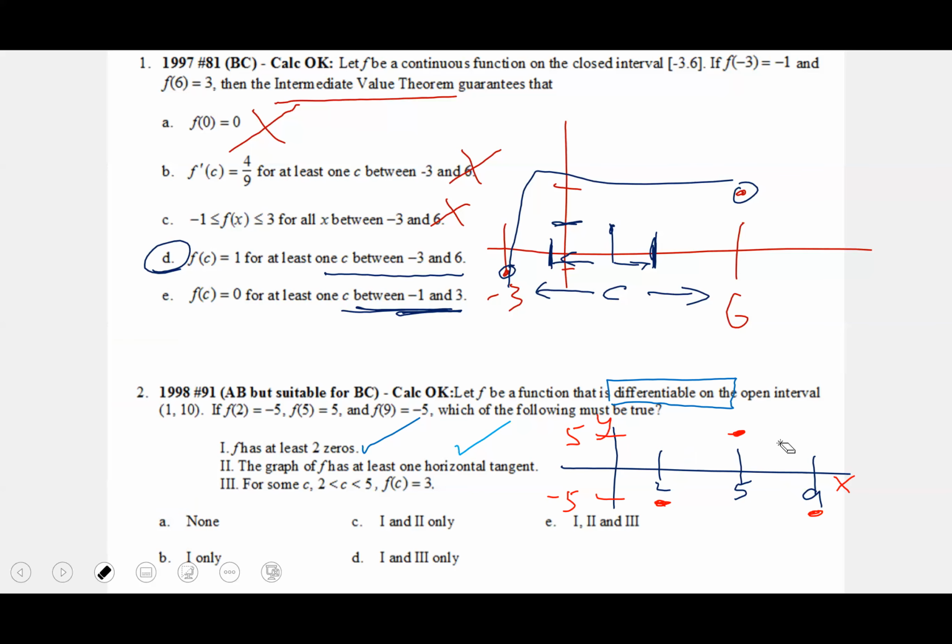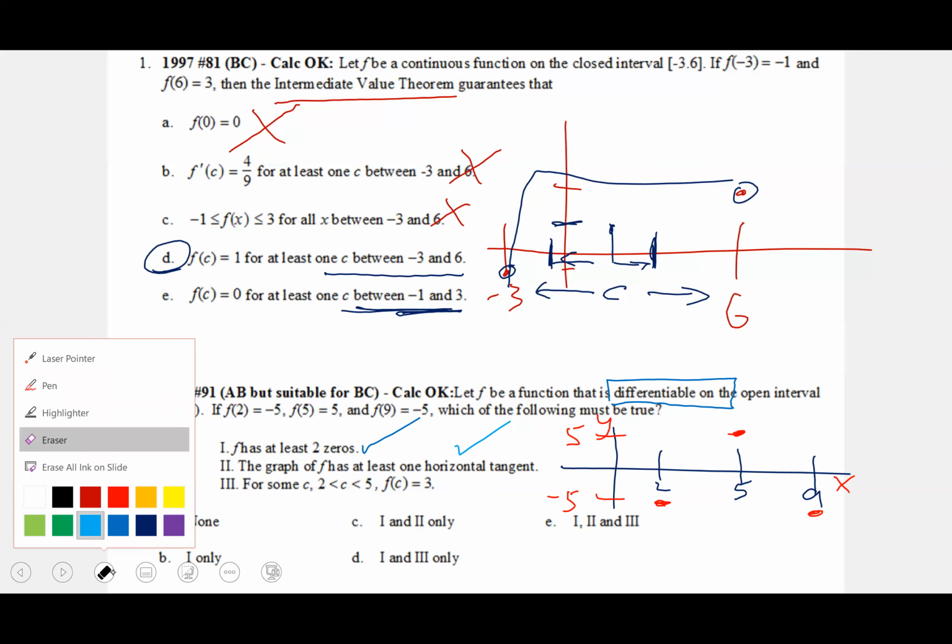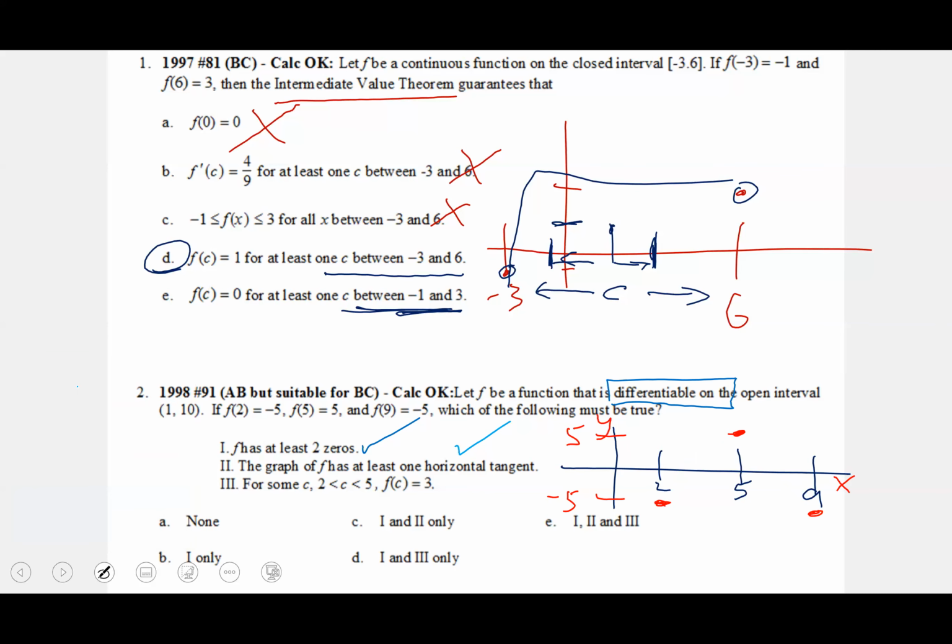So between this point and this point, between x equals 2 and x equals 5, does the y value at some point c between them, so I'll call c some point between x equals 2 and x equals 5, have to reach a y value of 3? Maybe. So this one is definitely true.